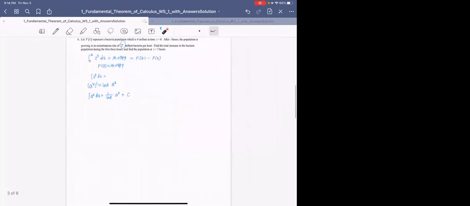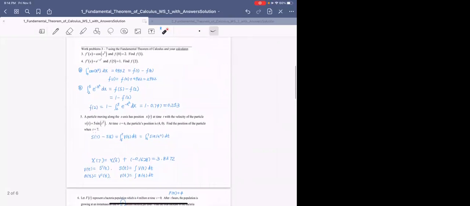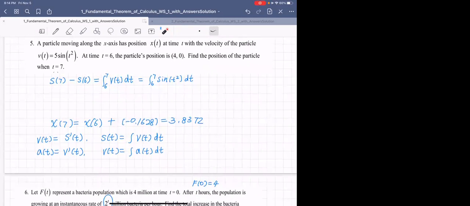This is a position formula. For the total distance, the absolute distance that it travels, you are going to do it this way. Let's keep in mind these two differences.